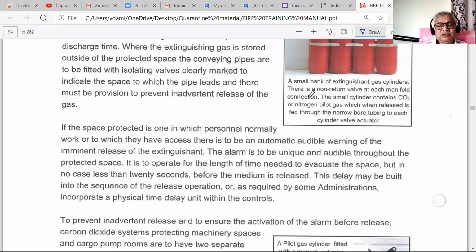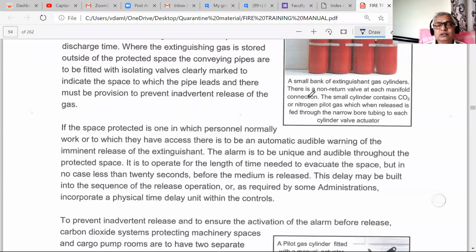Now, first part, we start. The space you are going to protect with CO2, fine. How much CO2 will you keep on board? There are rules saying that 40% of the largest compartment and so on.